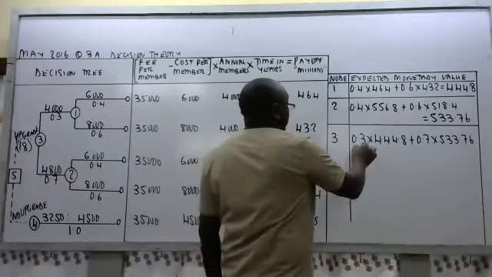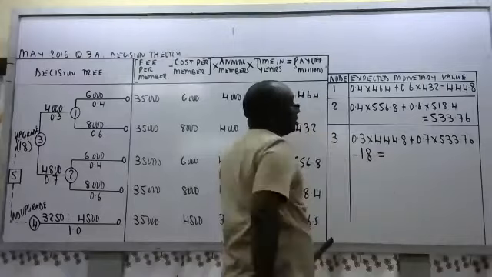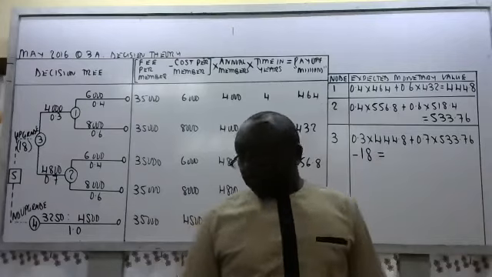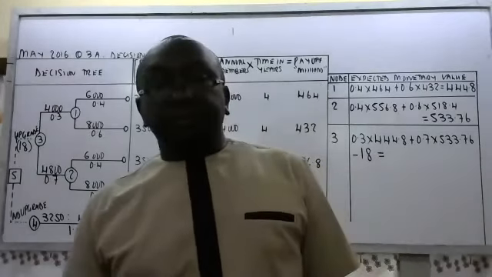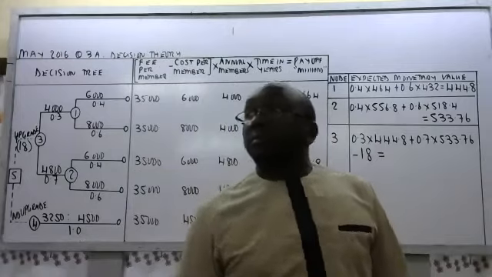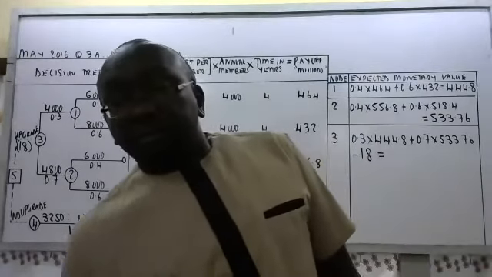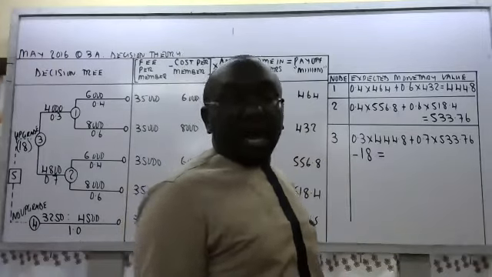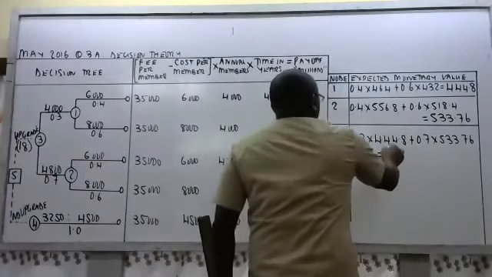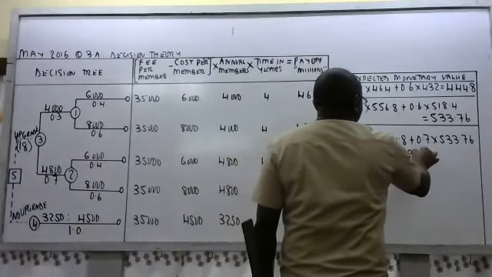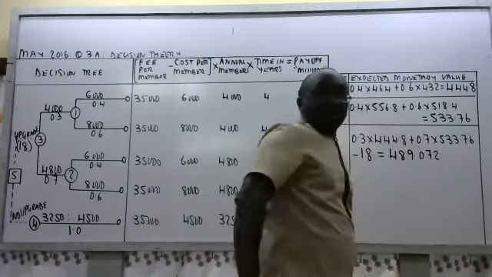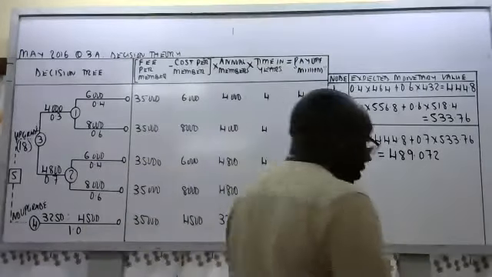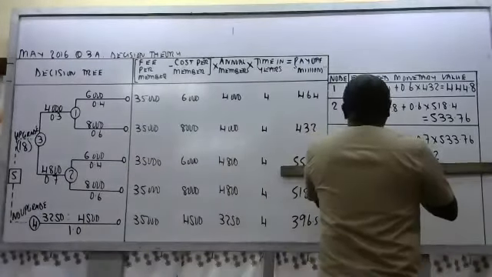You subtract 18 million so that we get the answer. According to June it is 489.072. Amanda confirms that. Churchill confirms. Good.